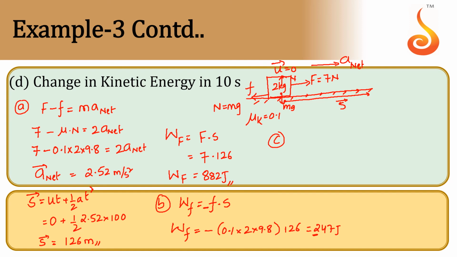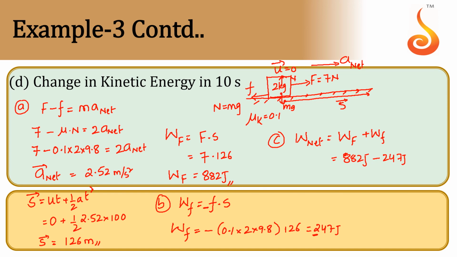And option C, what is the net work done by the force on the body in 10 seconds? Net work done is equal to work done by the applied force plus work done by the frictional force, which is 882 joules minus 247 joules.